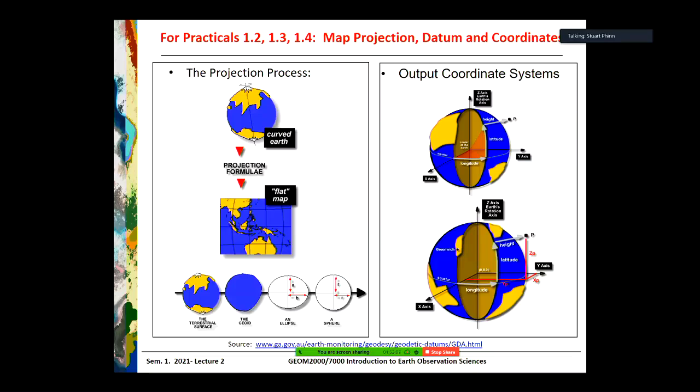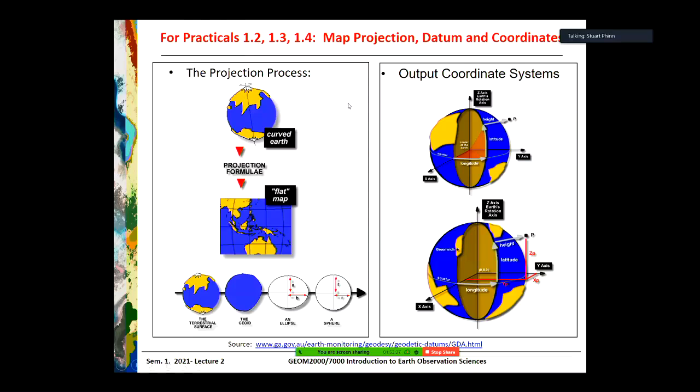Any geographic data has those attributes when it's actually stored. And I just want to explain what they are briefly. We'll talk about it in the prac, and we're going to talk about it in the field prac next week. A projection is essentially 2 sets of equations which lets you go from a measured location, in this case on a close to spherical surface, the Earth's like a squashed sphere, to a flat surface.